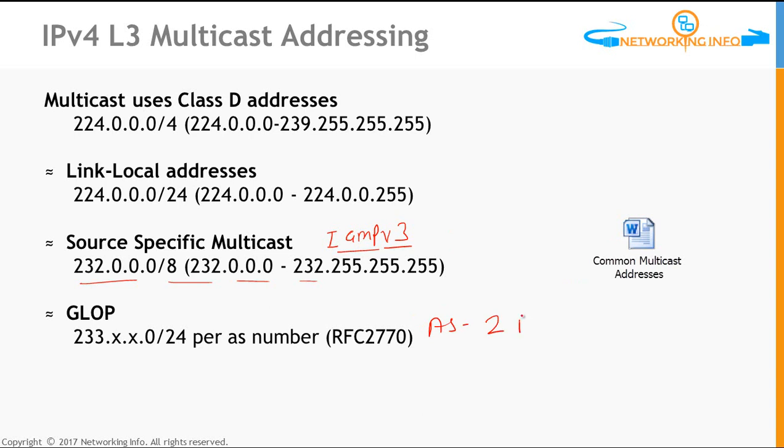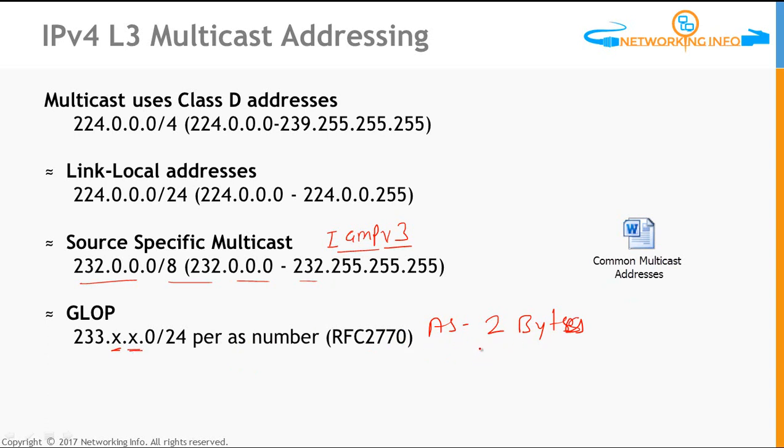If you have a 2 byte AS number, you can keep these 2 bytes here in these octets, and then you can make it globally unique.